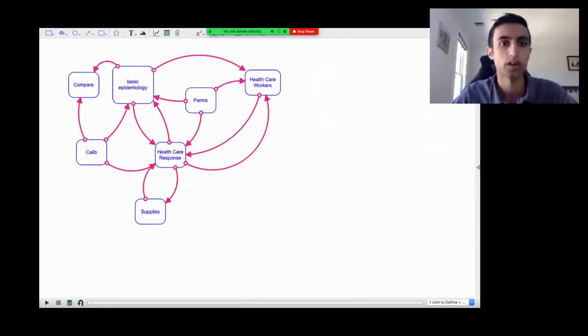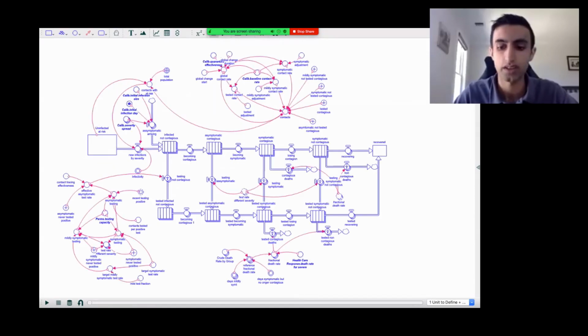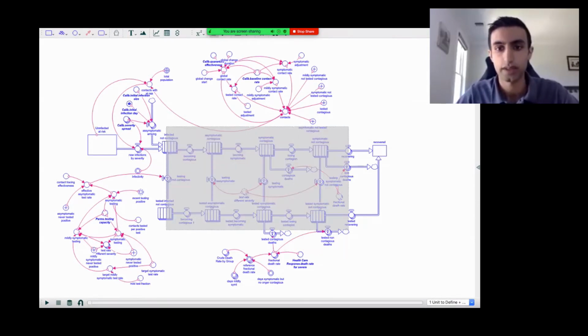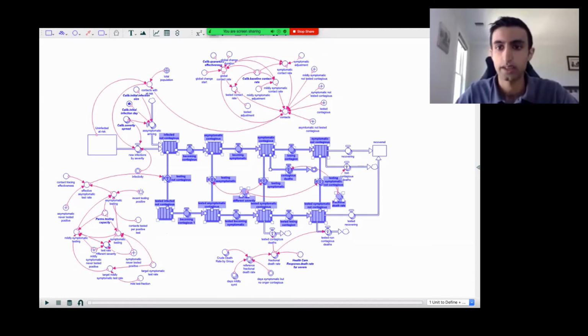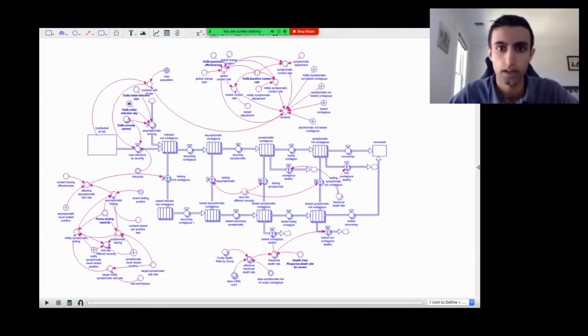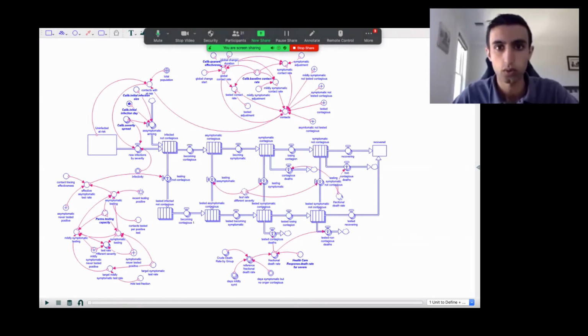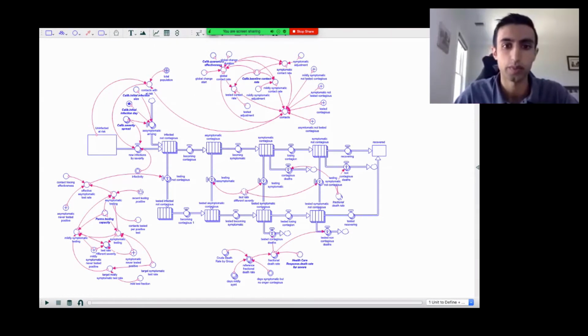This is a more advanced model, and each one of these boxes is a submodel. This is another SIR model, and here is your susceptible. Once again, all of this is your infected, and here's your recovered. This is like a global quarantine up here, and it has multiple variables, each for the different stage of the disease you could be at.